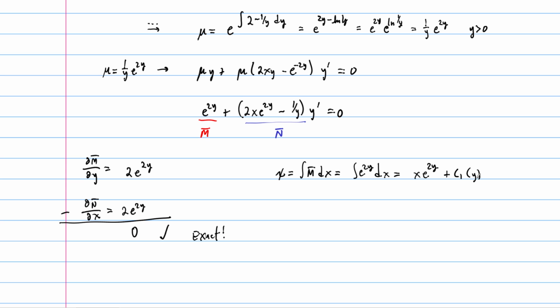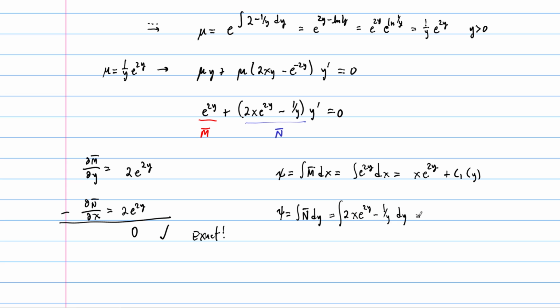Similarly, the same potential function psi is going to be equal to the integral of n bar dy, right? So we integrate this one with respect to y. So this is the integral of 2x e to the 2y minus 1 over y dy.